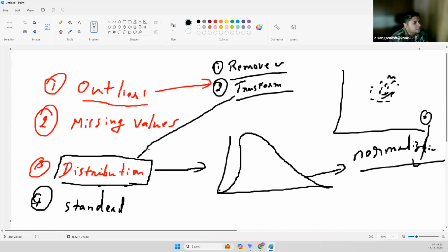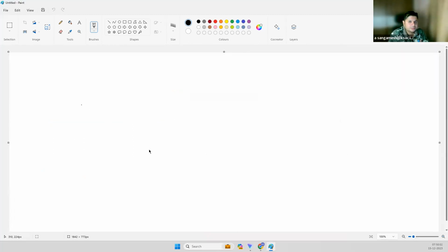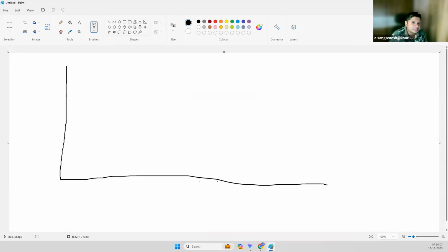Outliers will not change on a continuous basis. For example, I will give you a best example. Let's assume you have sales. This is your date and this is your sales.